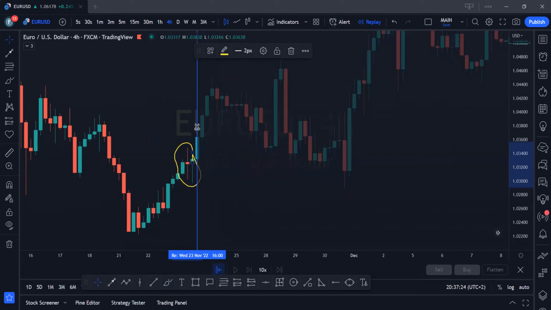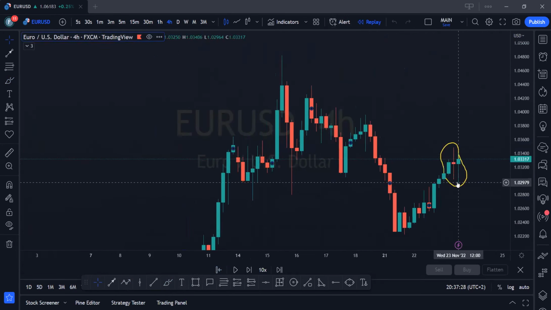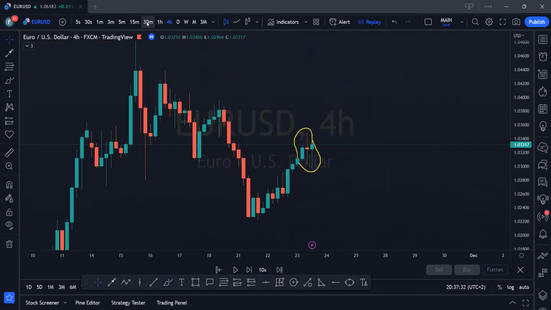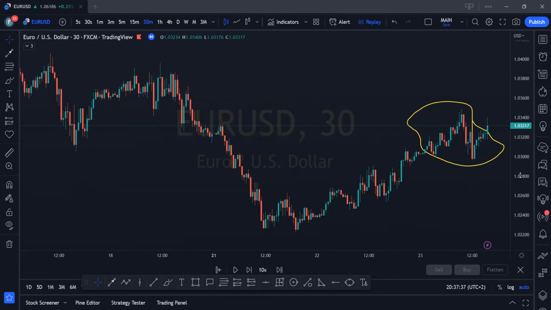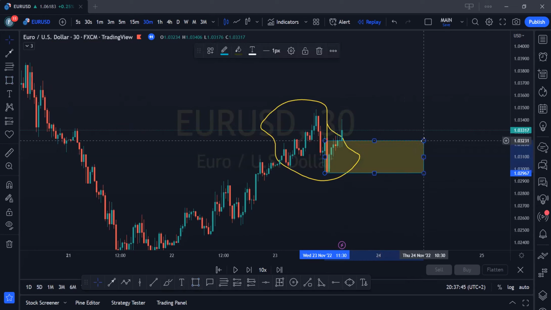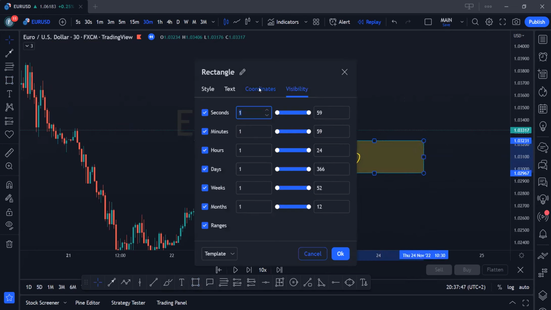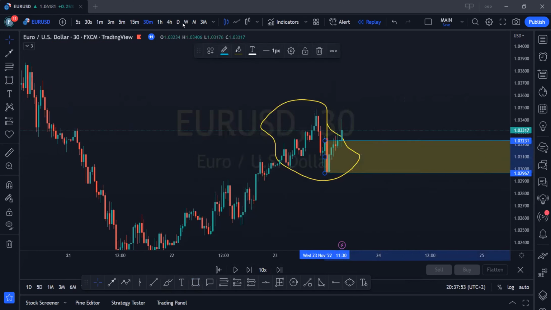And if you check out this zone on a lower time frame, let's say 30 minutes, for example, you will see that we can see a huge reversal here. So let's assume that this is a zone, for example. Let's say somewhere here.